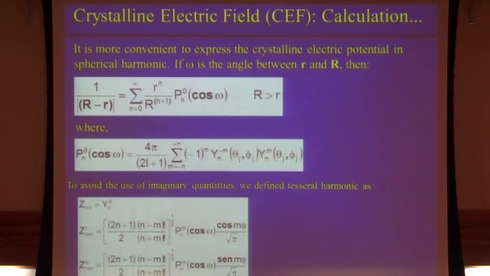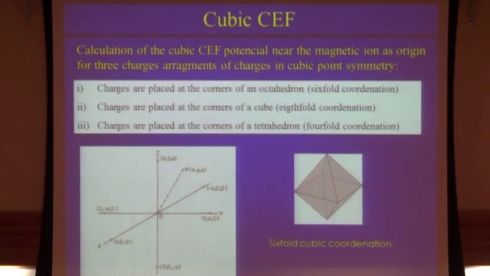So here we have the spherical harmonics, and you can construct the tesseral harmonics to avoid imaginary parts in that series. So I'm just trying to write the potential of the charges in terms of functions that I know how to use, with the symmetry to avoid imaginary terms and to define zero terms.